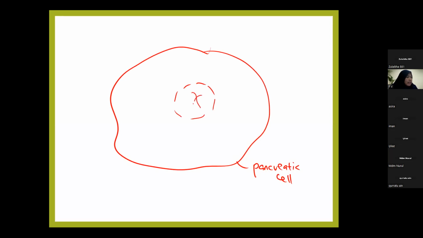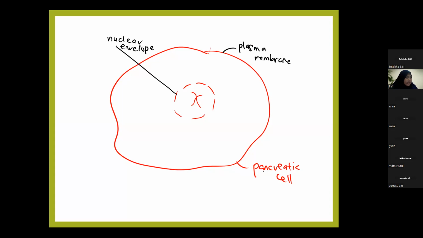Dalam ni ada DNA. Of course, this one is the plasma membrane.